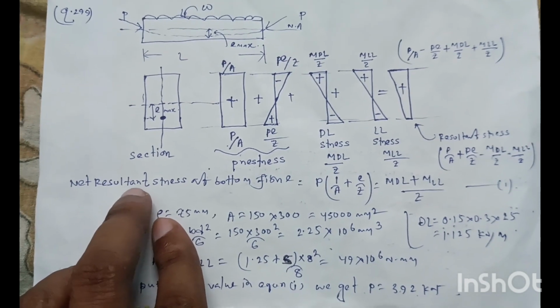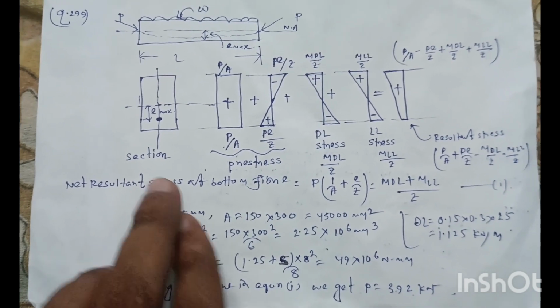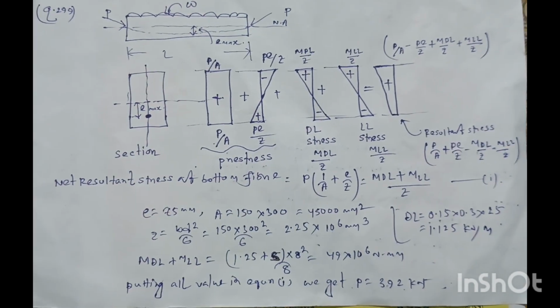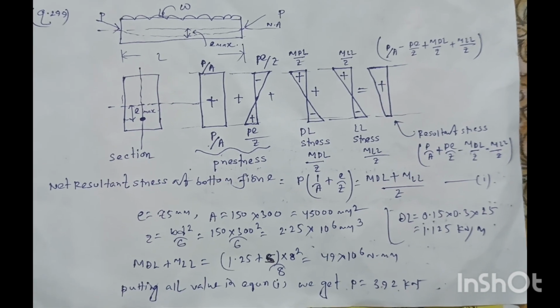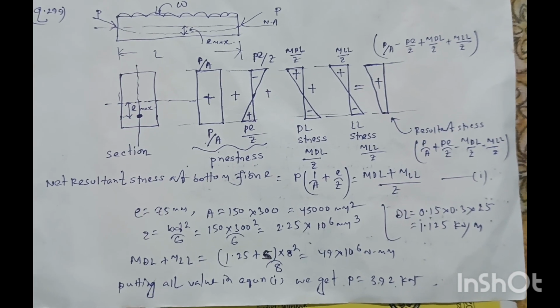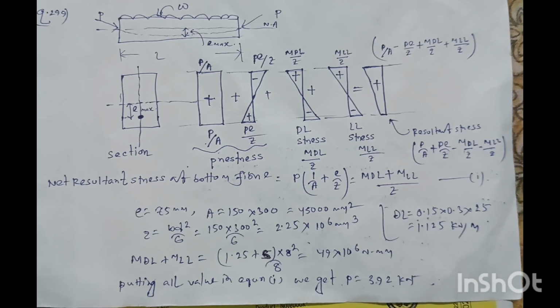So we have got net resultant stress at the bottom fiber, which is equal to P into (1 by A plus E by Z), which will be equal to (MDL plus MLL) by Z. It is equation number 1.